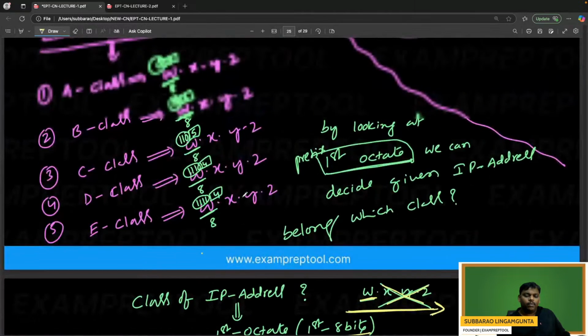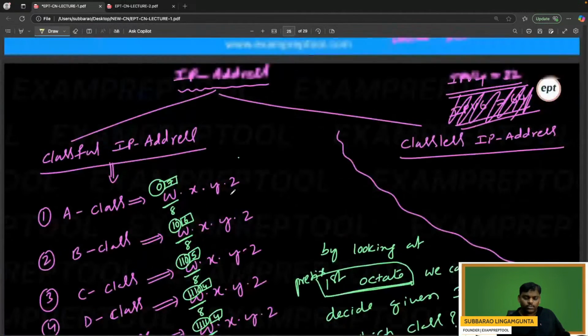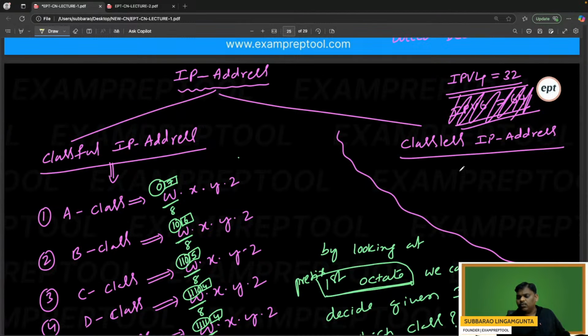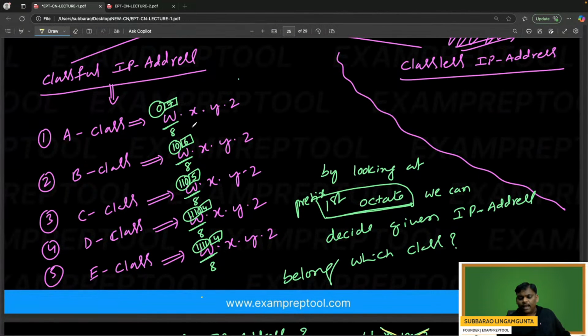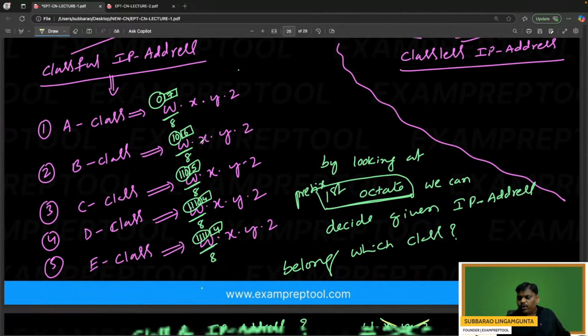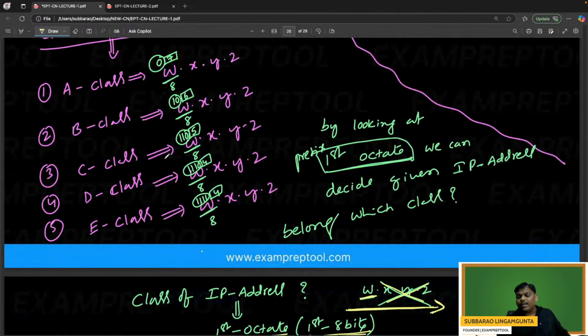So remember, IP addresses are of 2 types: classful IP addresses and classless IP addresses. We'll discuss classless IP addresses afterwards. Let's concentrate on classful IP addresses. Classful IP addresses are divided into 5 classes.